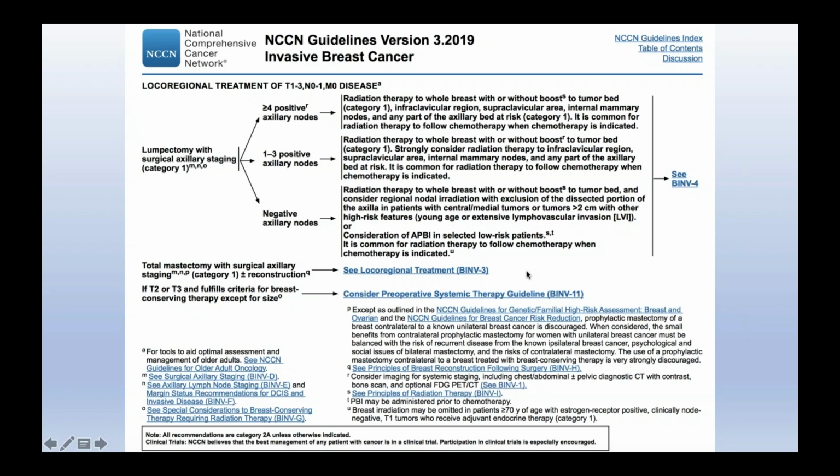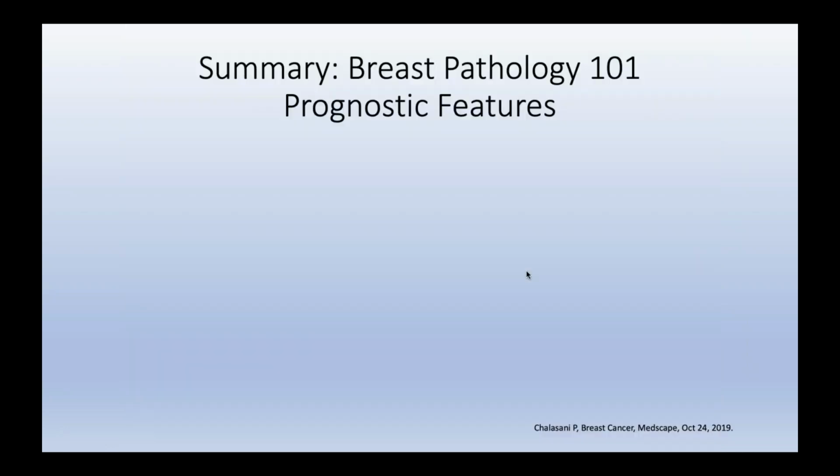And this is just one screenshot, but there are several pages of this for the various combinations of the particular tumor characteristics.